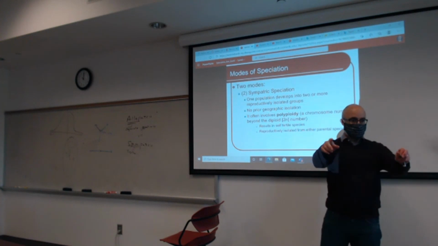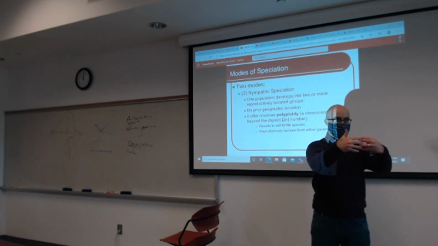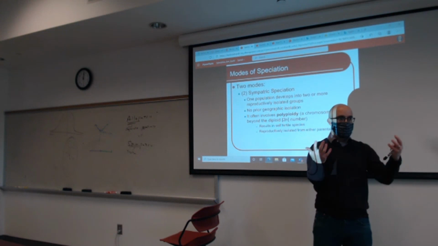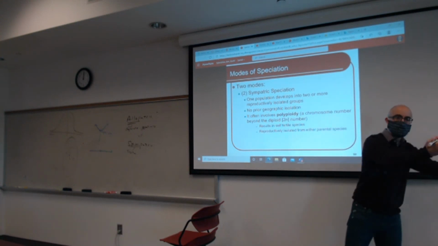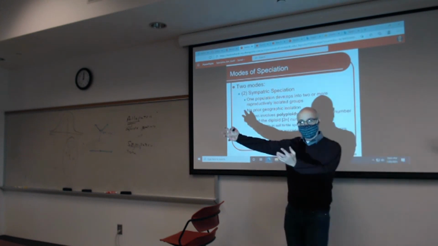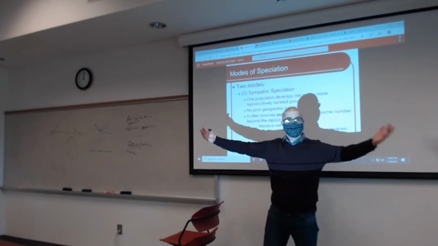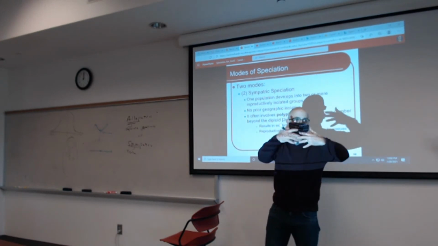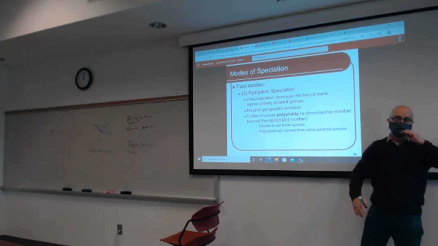So maybe during meiosis, instead of the chromosomes separating like they should, you end up with an egg that has 4 times the number of chromosomes. And if you end up with the same mistake over here, and then there's a sperm that has that, those mutant sperm and egg can be compatible, but everybody else is incompatible.